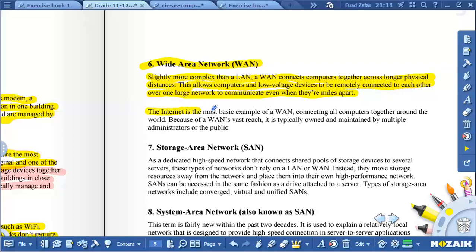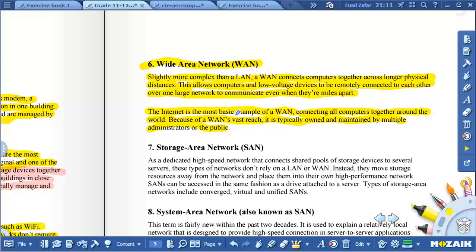The Internet is the most basic example of WAN, connecting all computers together around the world. Because of WAN's vast reach, it is typically owned and maintained by multiple administrators or the public.